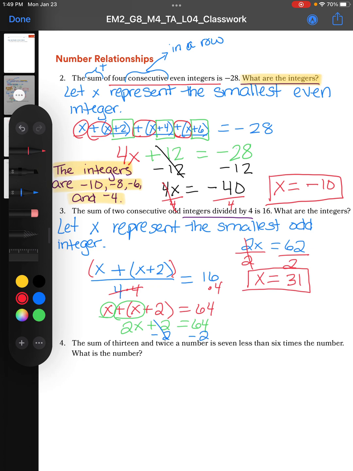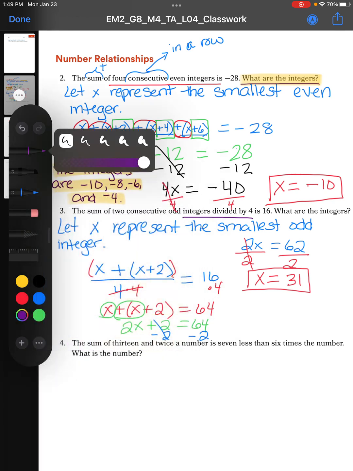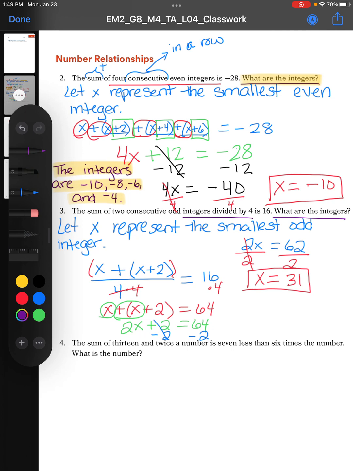So remember, x is the smallest odd integer. So I still do have to answer the question. What are the integers? The integers are 31, that's my smallest. 2 consecutive odd integers.